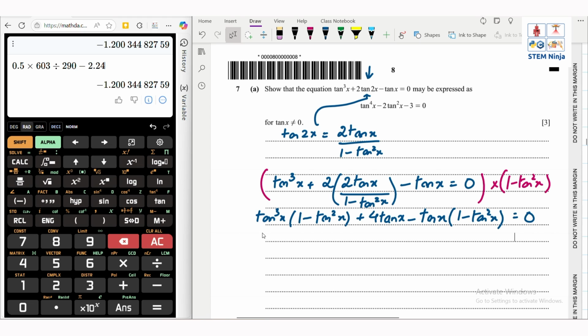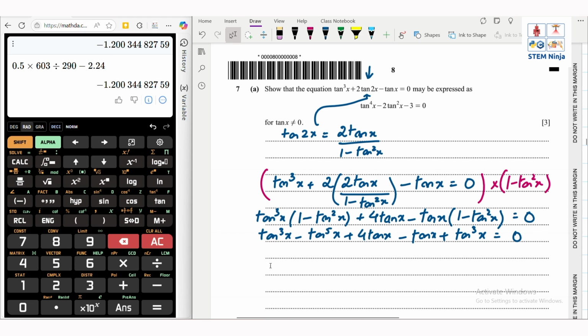So what we have over here, tan cubed x minus tan to the power 5x plus 4 tan x minus tan x plus tan cubed x equal to 0.